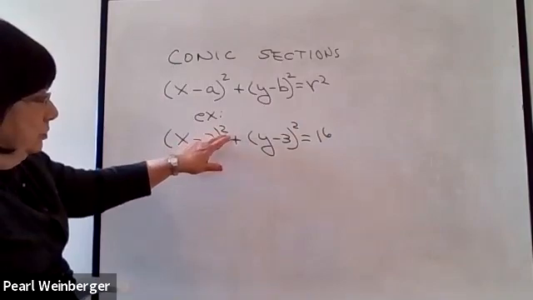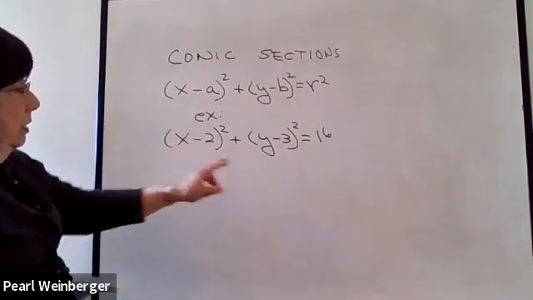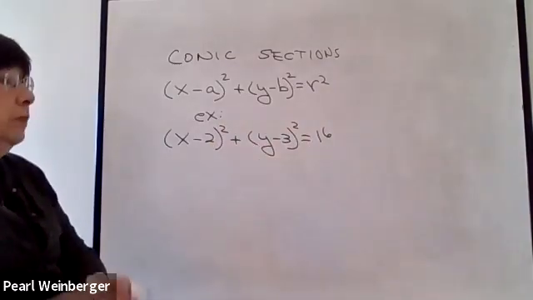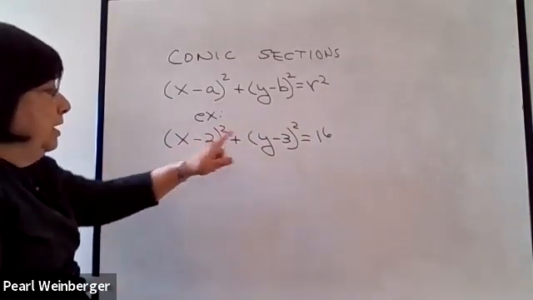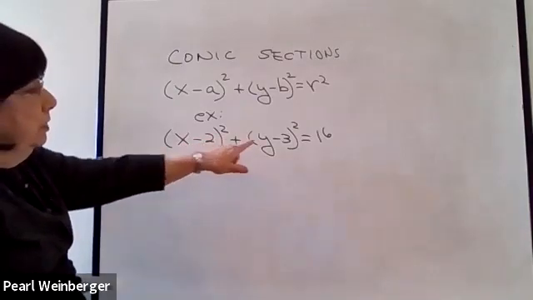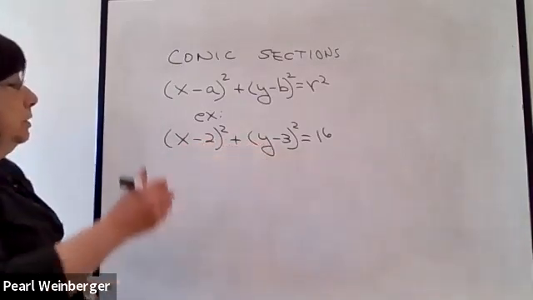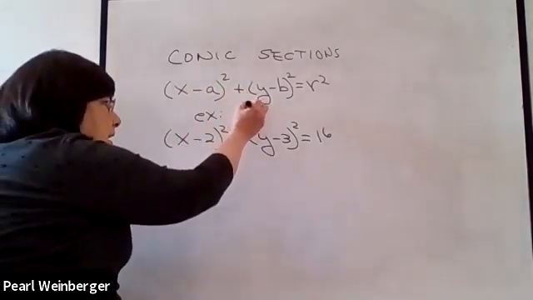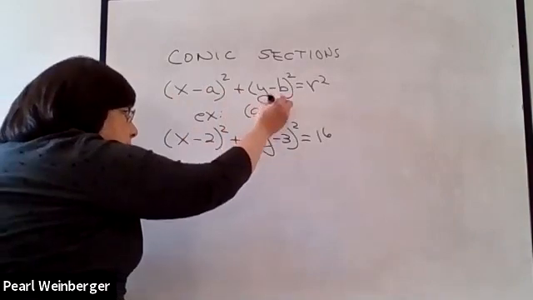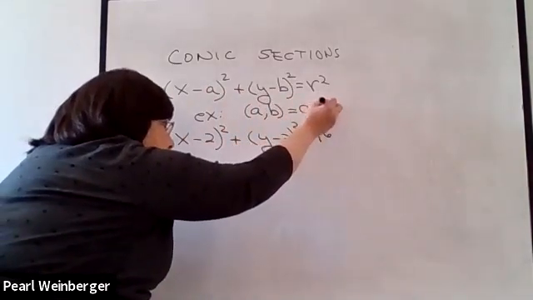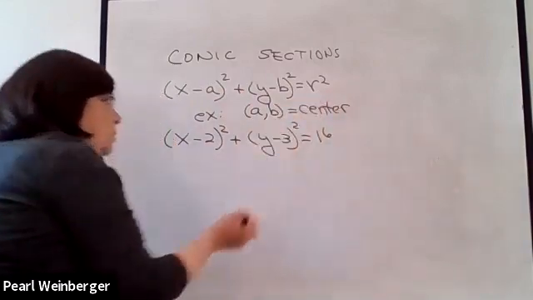It has an x squared, it has a y squared equaling a number squared. But there are these two extra numbers in here. There's x minus 2 squared, there's y minus 3 squared. Those extra numbers, the a and the b, give us the center of the circle.